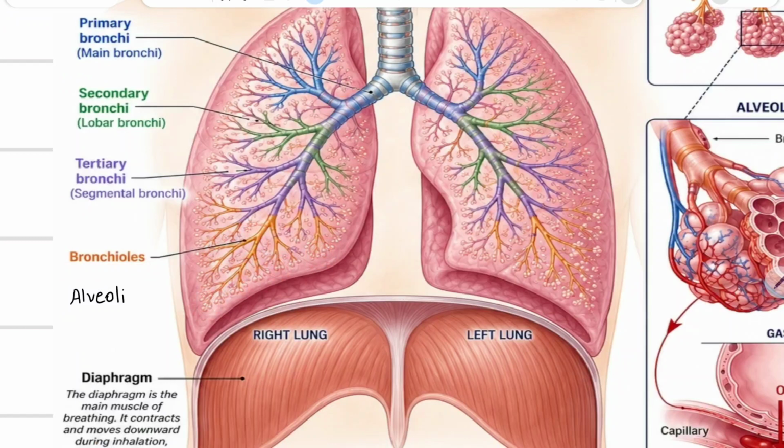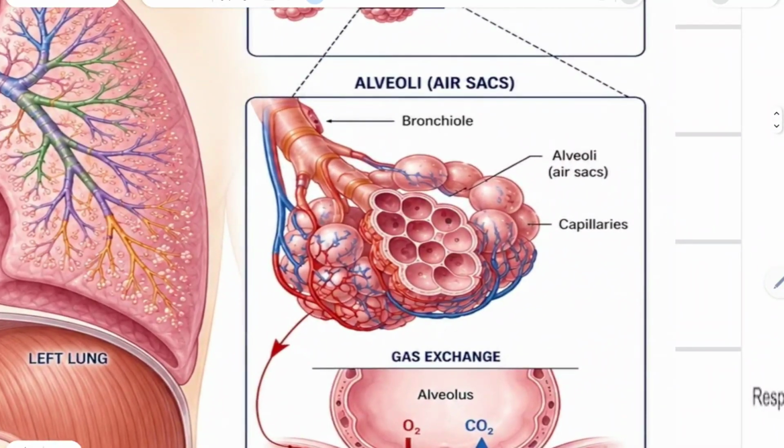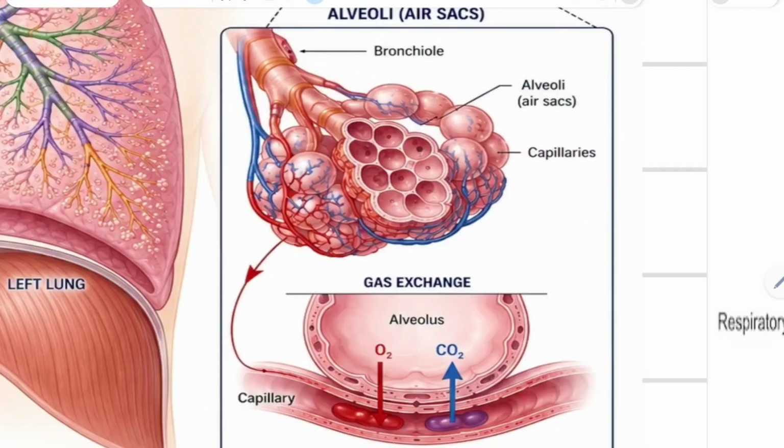These alveoli are the site of gaseous exchange. This is the bigger view of the alveoli. The alveoli are rich in blood vessels which are known as capillaries, and these blood capillaries have blood inside them. So what happens in the alveoli?